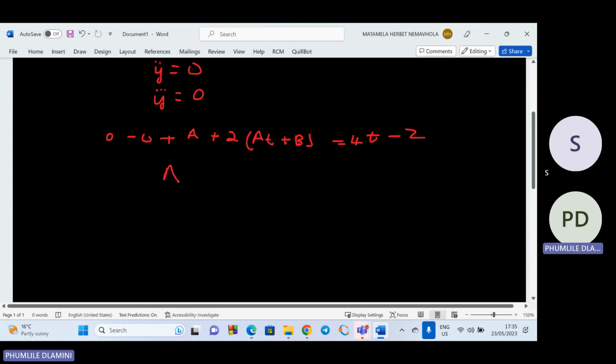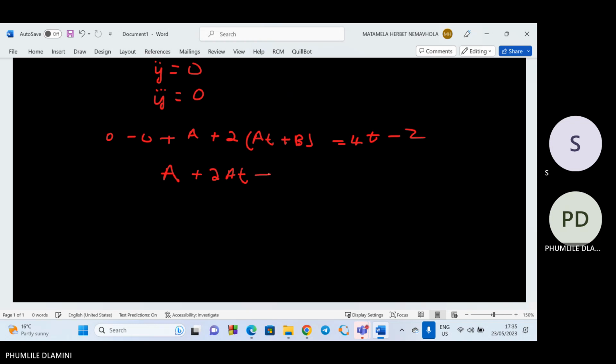Then this one is going to be a plus 2at plus 2b.